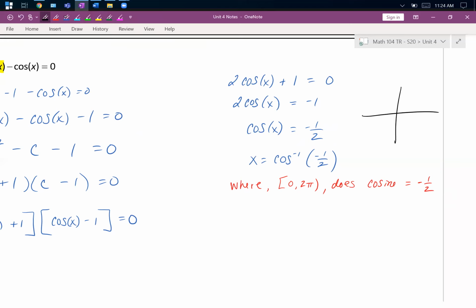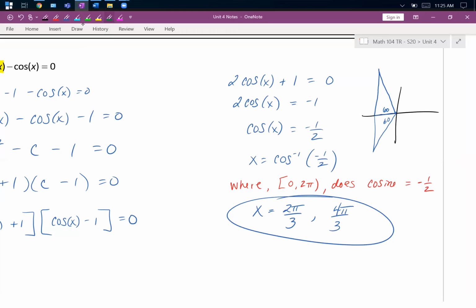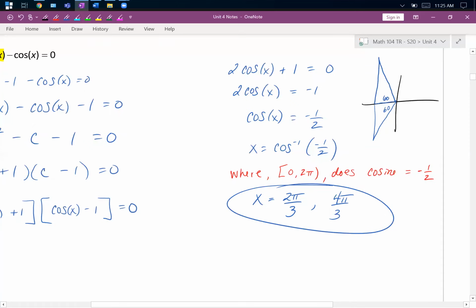And -1/2 is the short side of our 30, 60, 90 triangle. So short side, long side. That's giving us a 60-degree reference angle. And now we just need those two angle measures in radians. The one in quadrant 2 is 2 pi over 3, and then the one in quadrant 3, 4 pi over 3. Questions on that part?